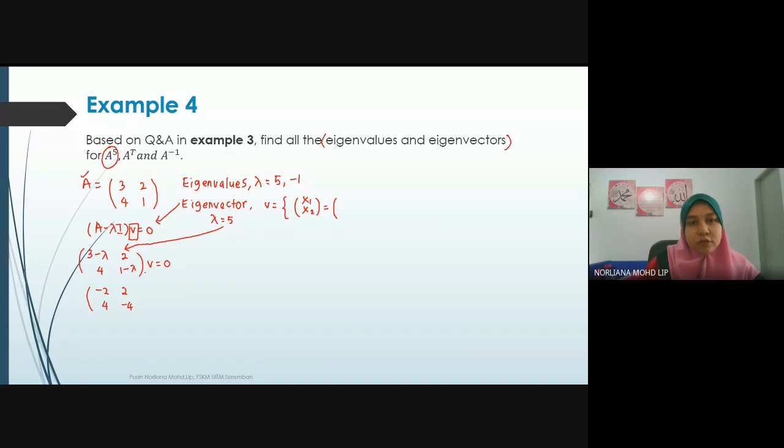Times V equal to 0. So we make it an augmented matrix, then we solve it. This becomes a leading 1, negative 1 over 2, 1, then 0.